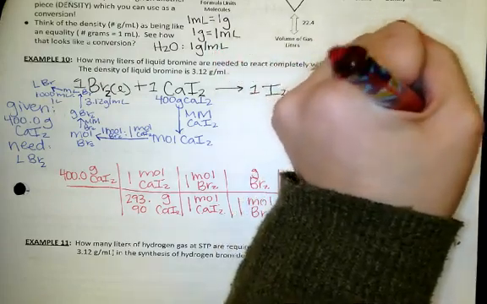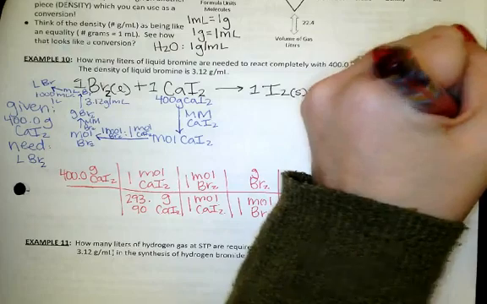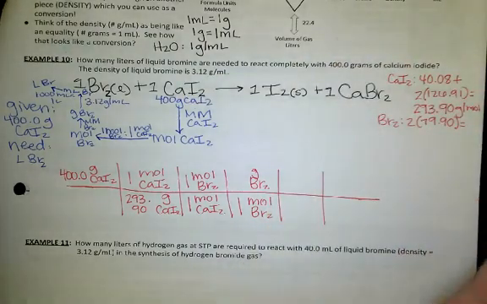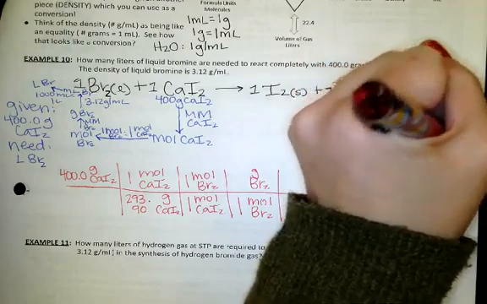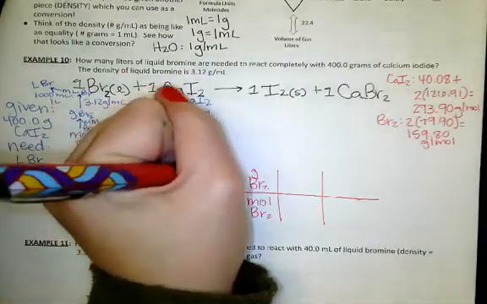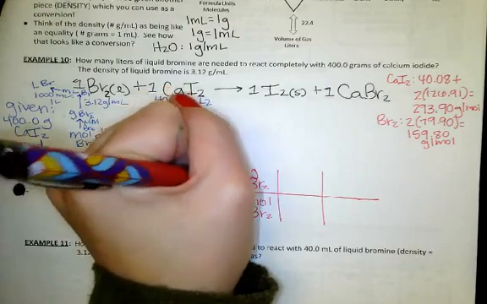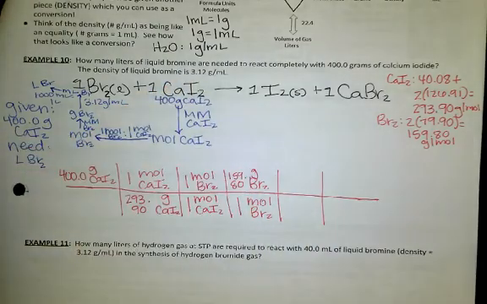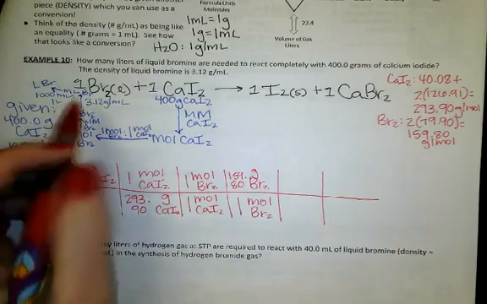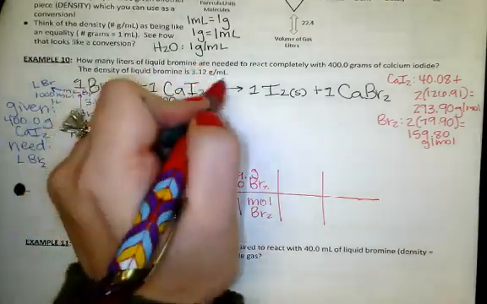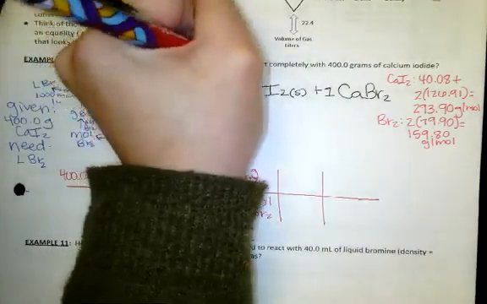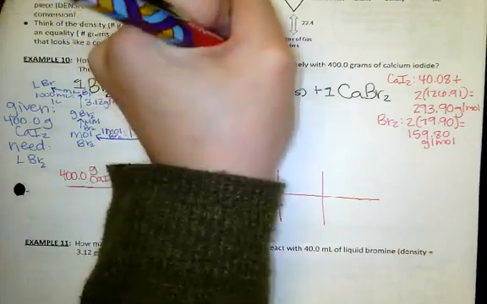So 79.90 times 2. It's going to give me 159.80 grams per mole. So 159.80 grams of bromine. Then my next conversion, I'm going from grams of bromine to milliliters of bromine using my density. So remember what this means is that there are 3.12 grams in 1 milliliter, or 1 milliliter weighs 3.12 grams.